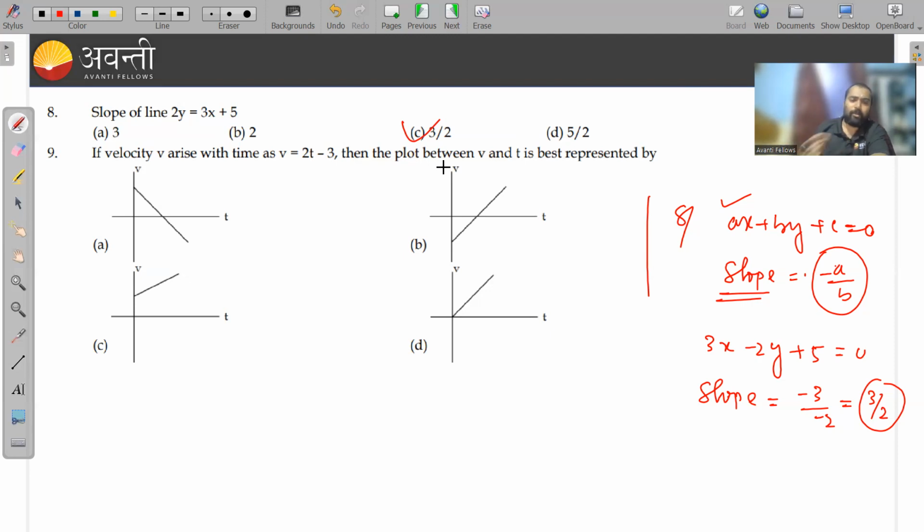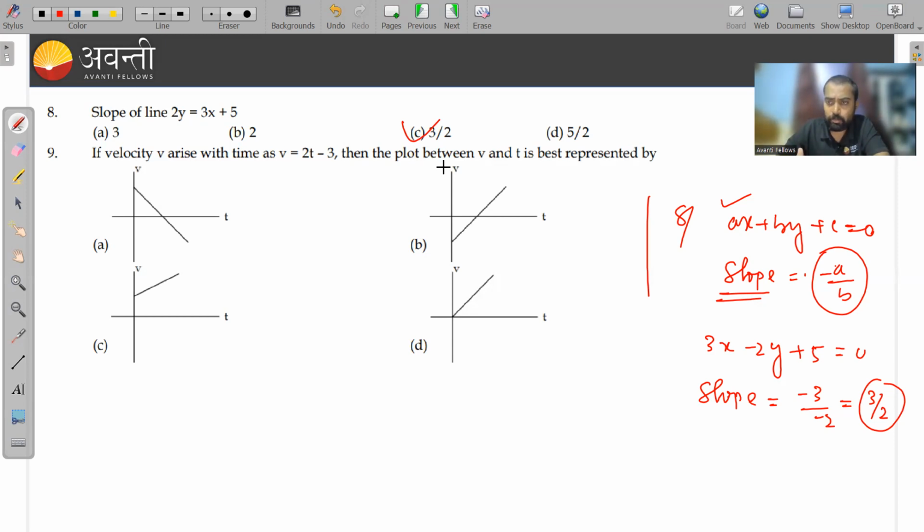So simple. In all these 4 cases, you can observe all the lines intersecting the x-axis at some points. But in option C, it does not intersect. When the line is intersecting the x-axis, the y coordinate will be 0.